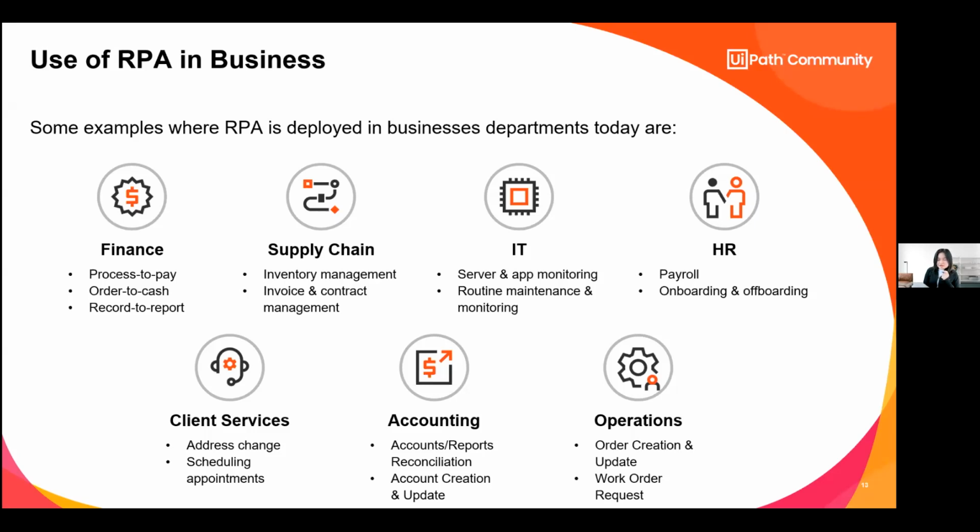So by using RPA, the company was able to increase the speed of approving or disapproving the customer credit and make the sale order turnover higher. So those are some of the ways RPA is helping the business.